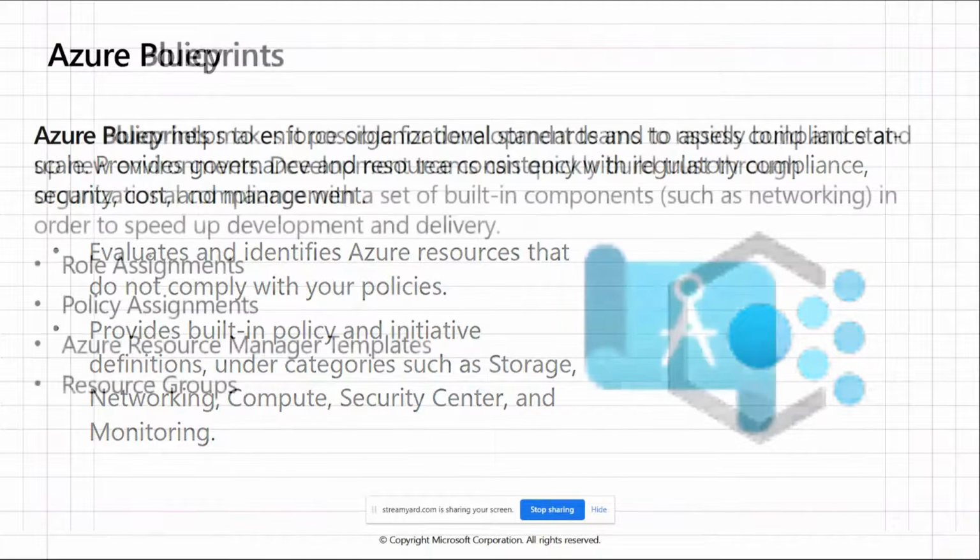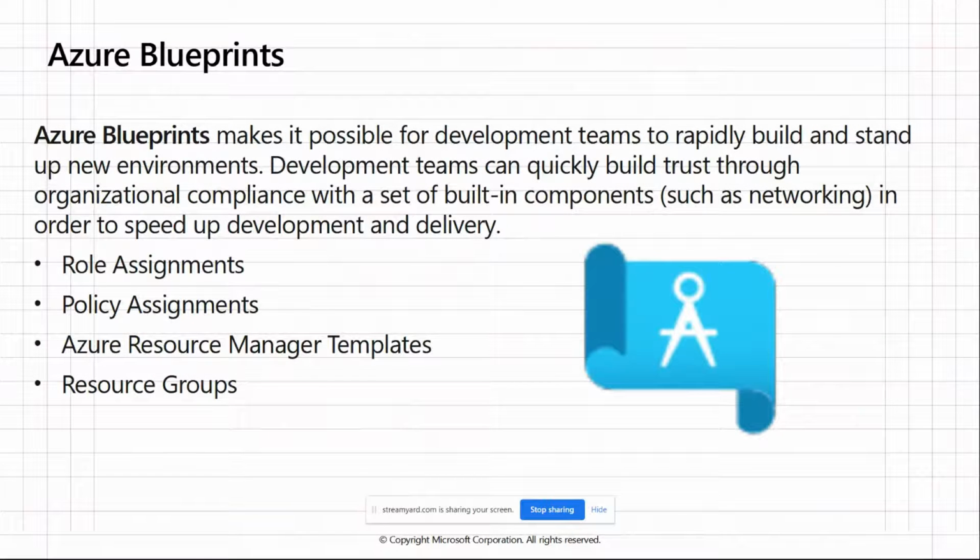And after that, we have something called Azure Blueprints. It enables development teams to rapidly build and stand up new environments. Development teams can quickly build trust through organizational compliance with a set of built-in components like networking, and it also speeds up development and delivery.